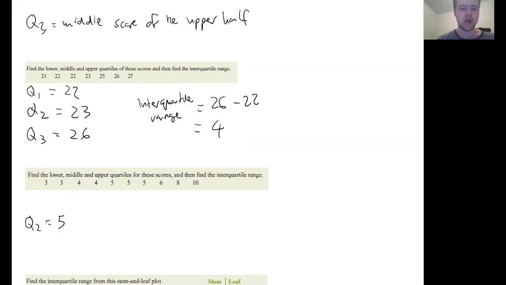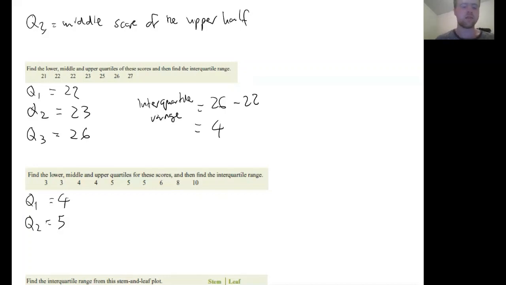Now, when we are doing the upper quartile and the lower quartile here, we're going to include those 5 scores here to find the middle one. So we're going to include 3, 3, 4, 4, and 5 in our lower half, in which case the middle score is going to be 4.